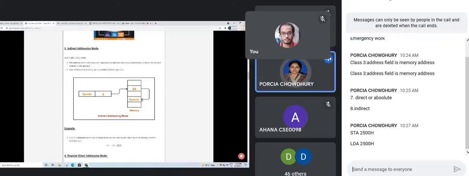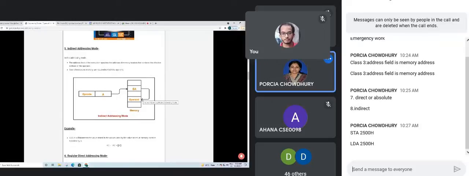Because these two are so nearby, that's why yesterday I made the mistake. So what is the difference between registered direct and direct addressing mode? First understand that. In registered direct addressing mode, after the operation there will be one register mentioned, and in that register the operand will be there.